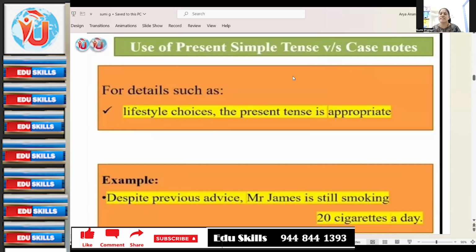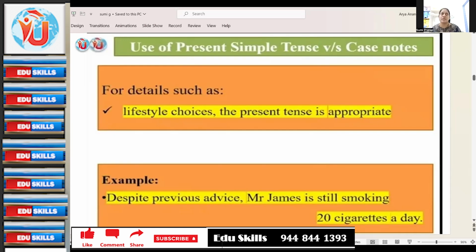For details such as lifestyle choices, the present tense is appropriate. We can say that despite the previous advice we gave the patient not to smoke, the patient is still smoking, 20 cigarettes a day. So this is the lifestyle choice the patient is having.